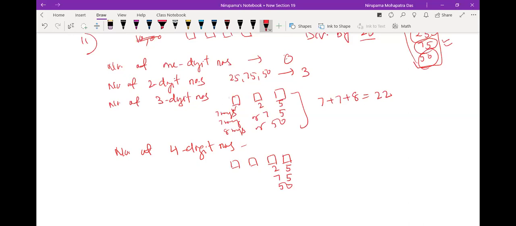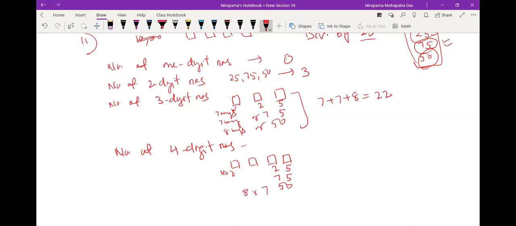Three subcases. If you have 25 here, then no 0 here. For these two places you can have 8 or 7, because 0 we have already excluded. So here we can have 8 and this place we can have 7 ways.